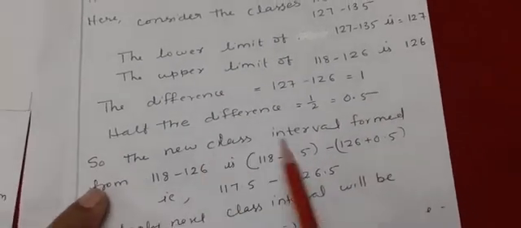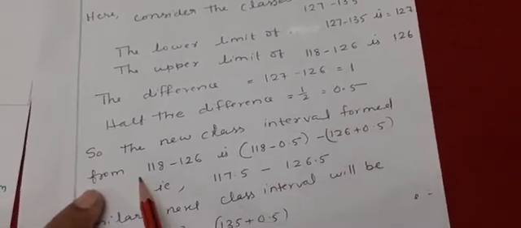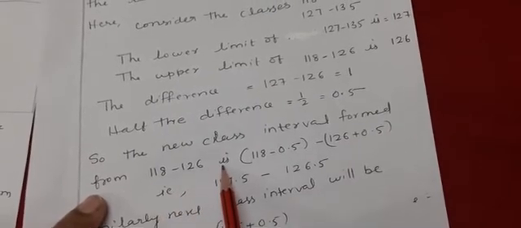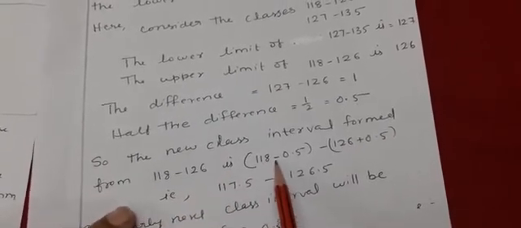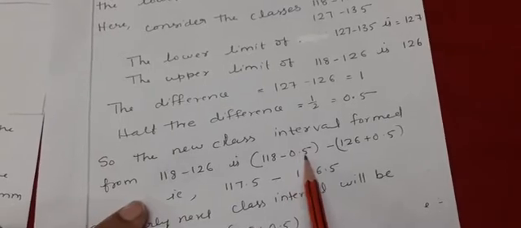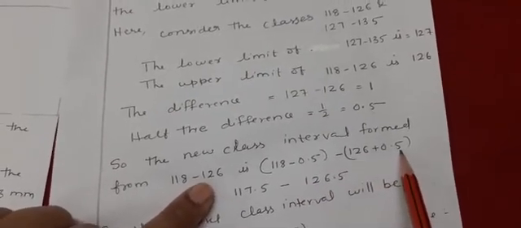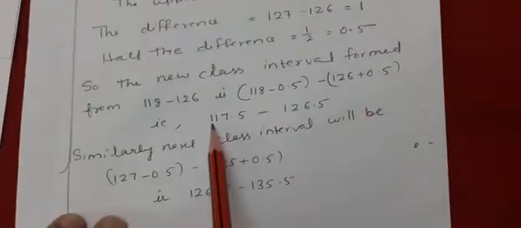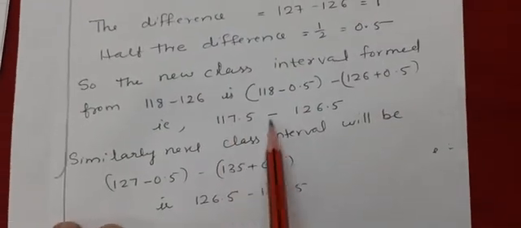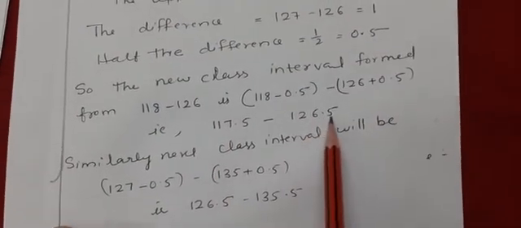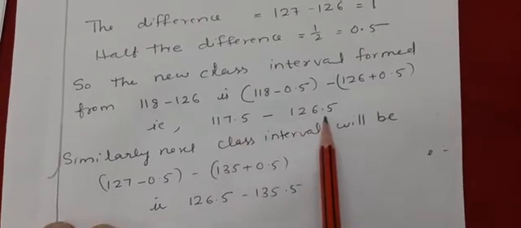So the new class interval formed from 118 to 126 is 118 minus 0.5 and 126 plus 0.5, that is 117.5 to 126.5. This is our first class interval.